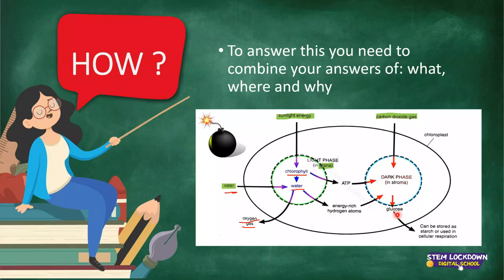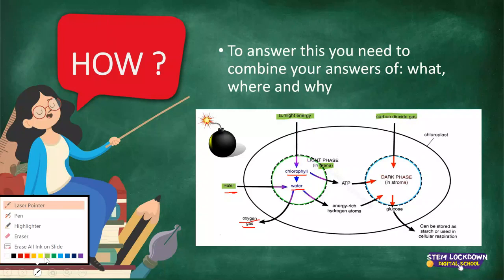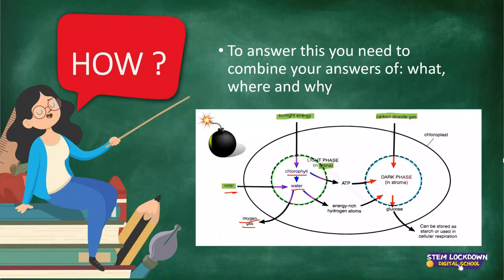I think I should highlight that. Okay, they give us glucose. Remember, glucose and oxygen are our products in photosynthesis.